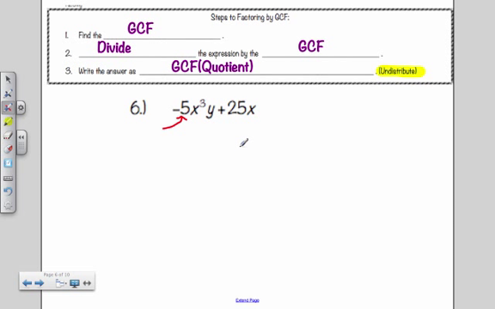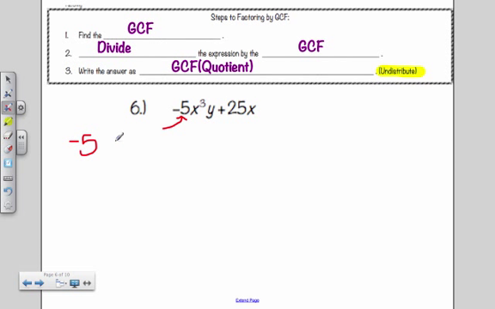Because the leading coefficient is negative, you want the GCF to be a negative number. It's not necessary that you do that, but it will make things very much easier for you in the future if you do that. So the GCF of -5 and 25 is going to be -5.